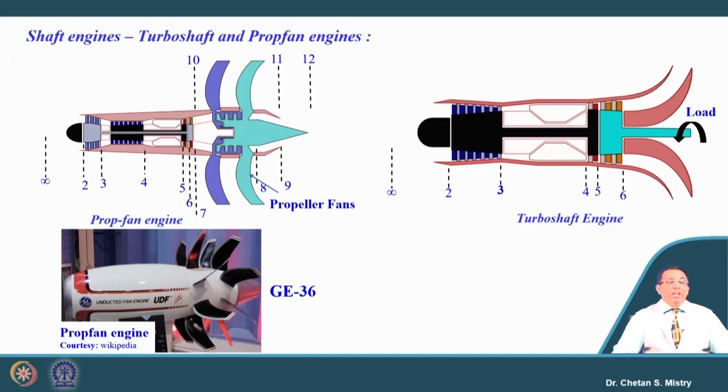This turbine may be of contra rotating configuration, or contra rotating configuration with a gearbox. Here we have 2 propfans connected on the rear side with the free turbine, and these free turbines rotate in opposite directions.